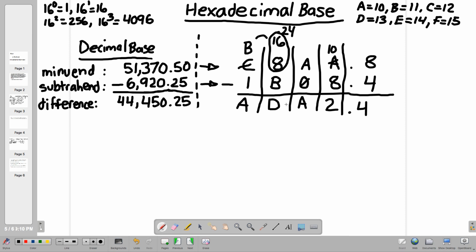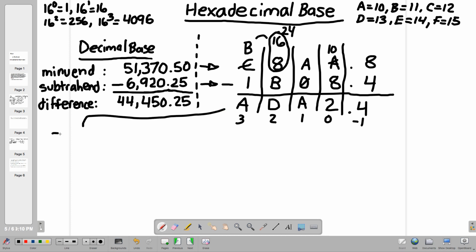So let's compute or convert and see if this comes out to be the value of 44,450.25. So the 2 here is in the 0th position, A is in the first position, D is in the second position, A is in the third position, and because the 4 is to the right of the decimal point, it is in the minus 1 position. So let's see what we have.